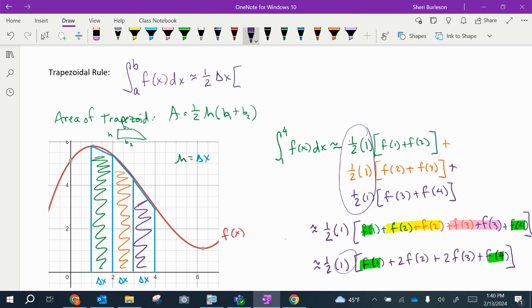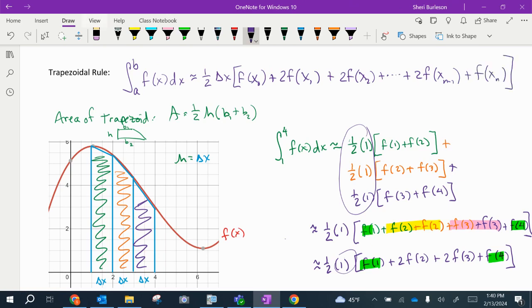And then inside, I'm going to have f of a, the left endpoint, and then 2 times f of x sub 1, and then 2 times f of x sub 2, all the way up to 2 times f of x sub n minus 1, and then f of x sub n.